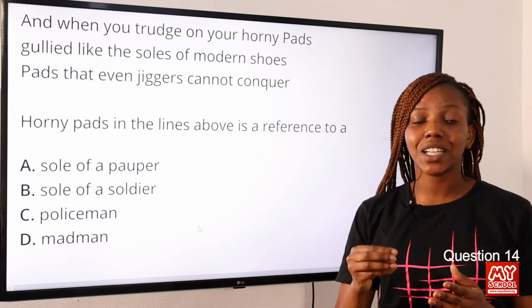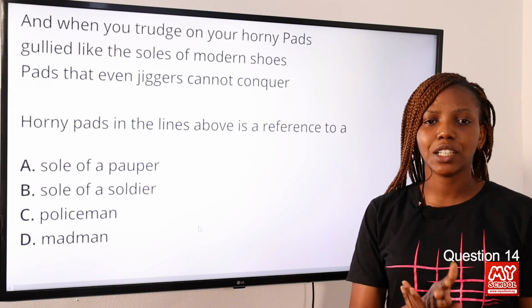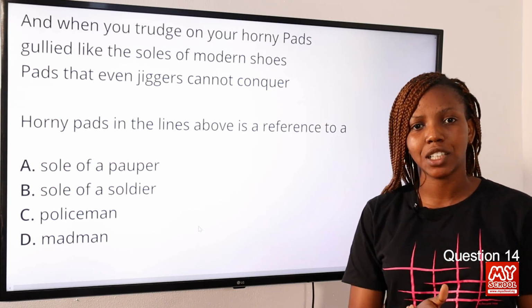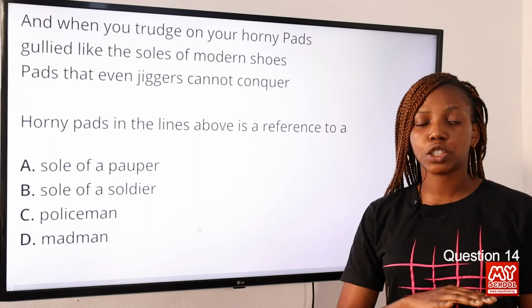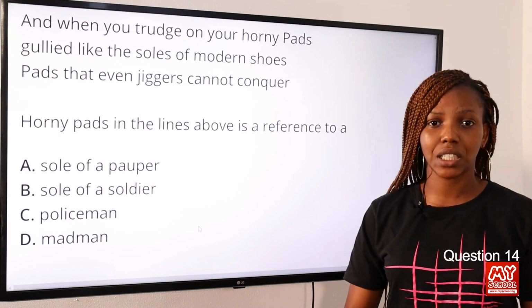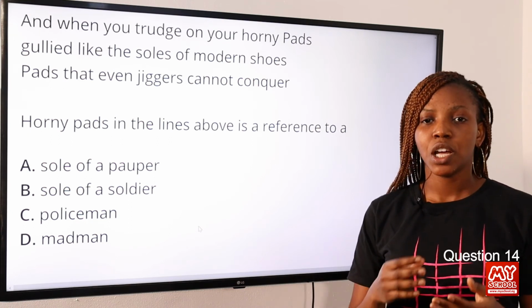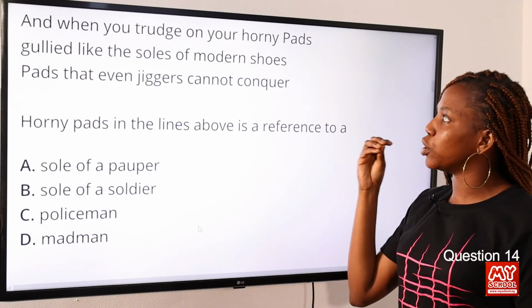Now what does guarded mean? Guarded is to make a deep channel in land, to make a deep passage in land. Imagine potholes, the way potholes are. You imagine a smooth land and then just a deep channel or a deep passage in land. That is what guarded is. So in summary, the land is not smooth. Okay, so like the sole of modern shoes.